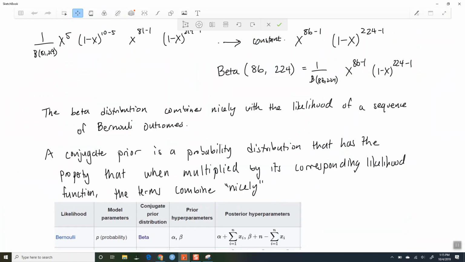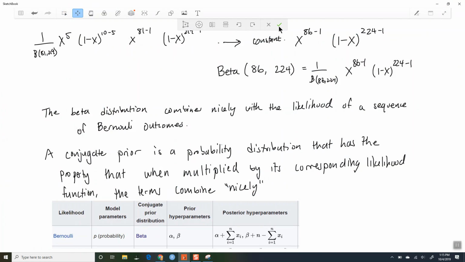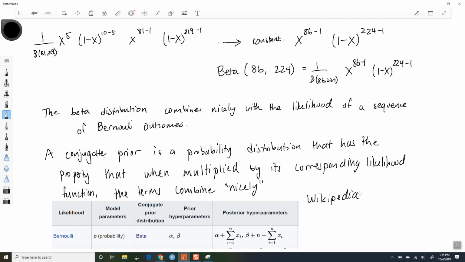This is from Wikipedia, and what we have here is 81 and 219, the sum of x is 5 and n is 10, so 81 plus 5 is equal to 86, and indeed 219 plus 10 minus 5 is 224. That's what we found ourselves.